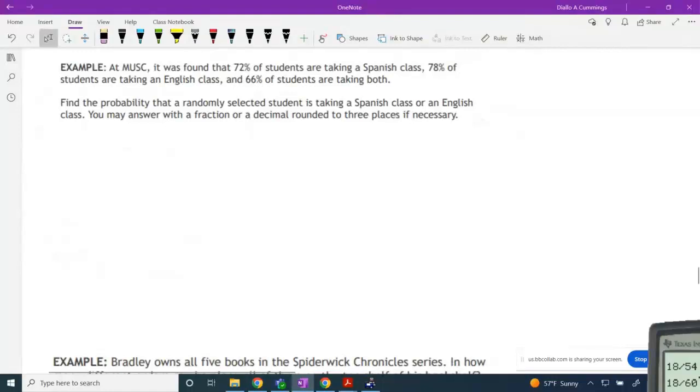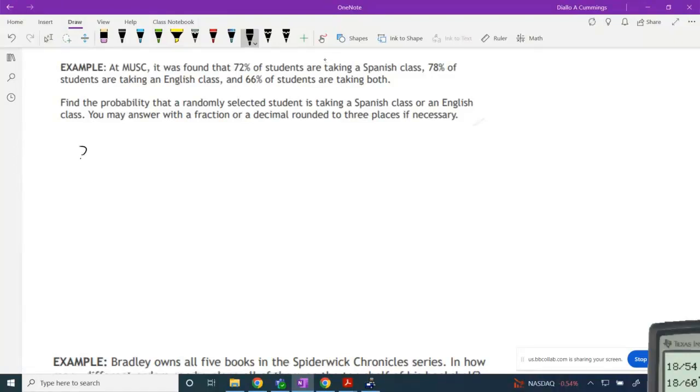I'm going to use the addition rule, and this is why: they only want to know how many people are taking Spanish or English. If you're taking Spanish and English at the same time, we have to subtract that probability out.